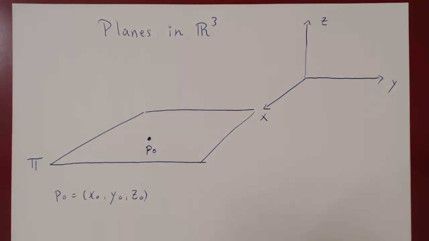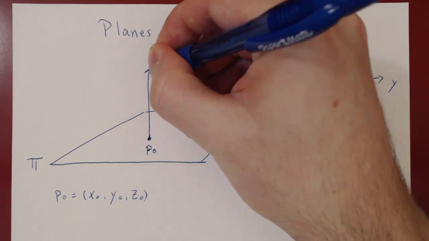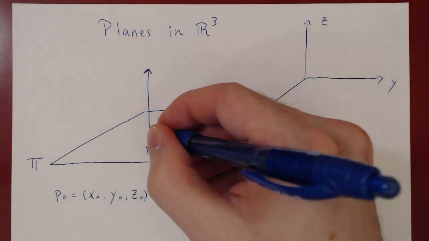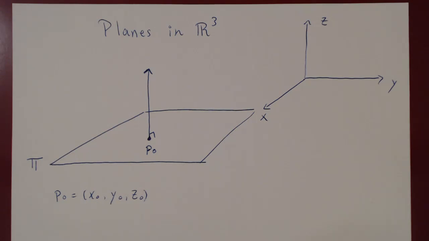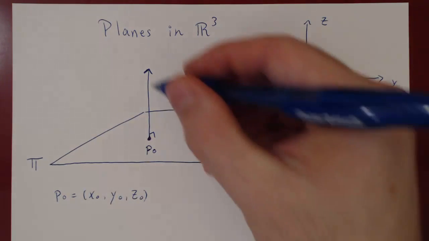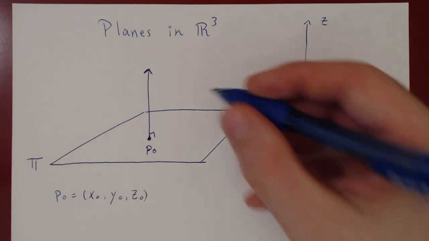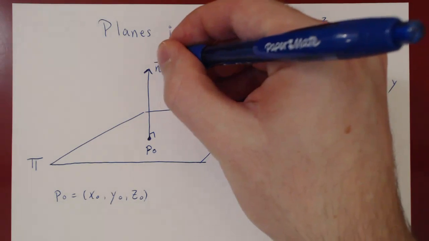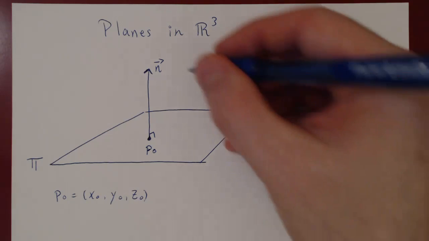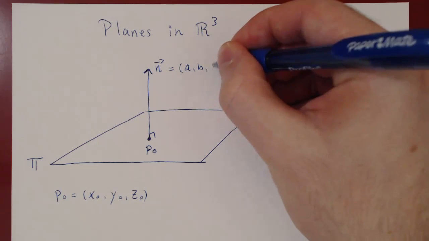Suppose that we put its initial point onto the point P naught. So given any plane in space, there is always a unique vector in space, or at least a unique direction. The length of the vector is irrelevant. As long as the vector is perpendicular to your plane, that's all you need. And we'll call this vector n, the normal vector of the plane. Normal also means perpendicular. And assume that the vector n has coordinates a, b, c.